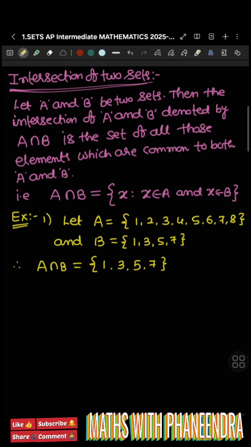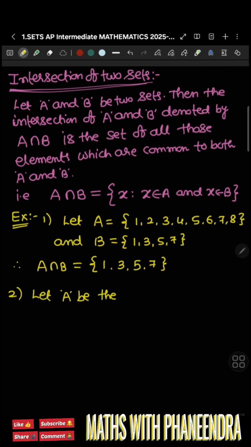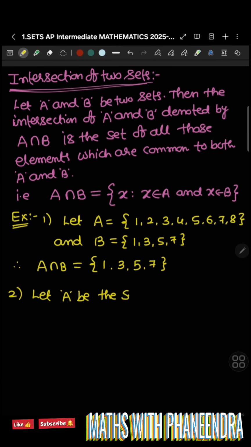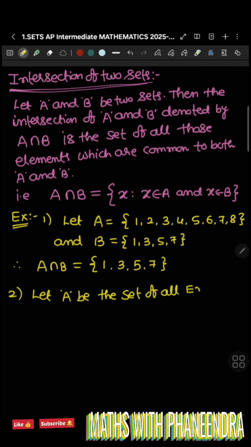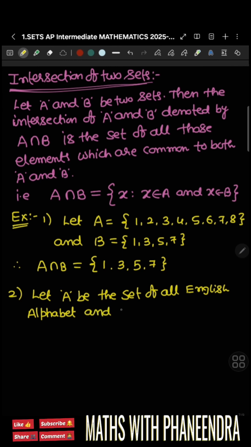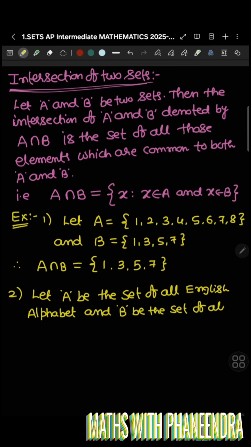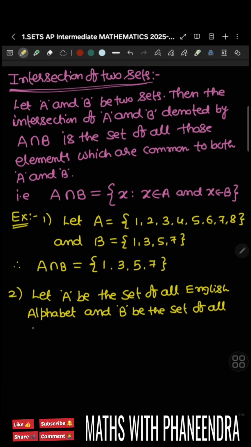Okay. Second example: let A be the set of all English alphabets and B be the set of all consonants.